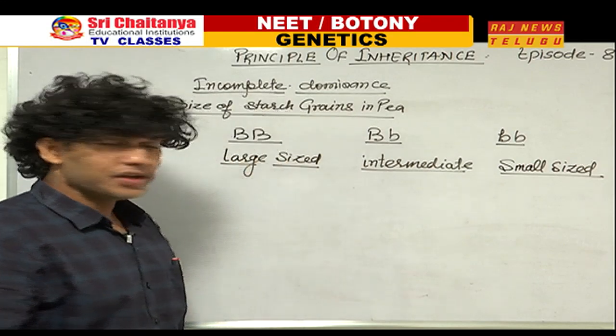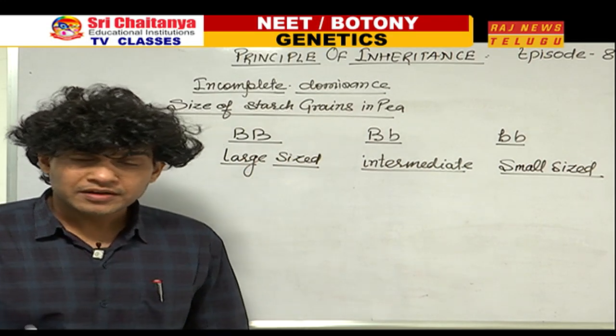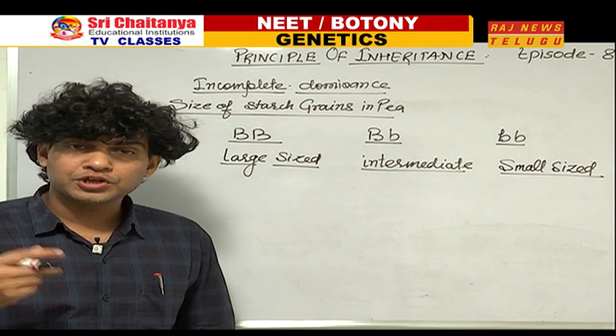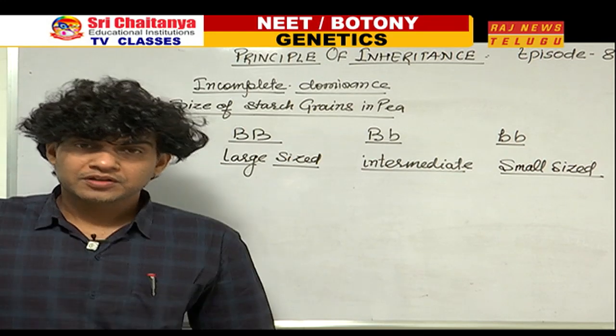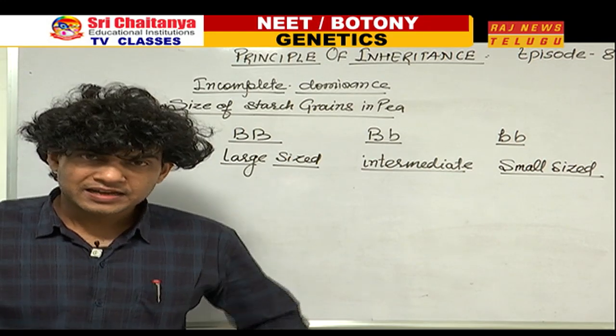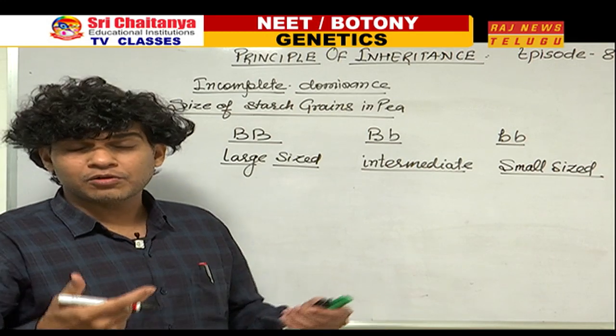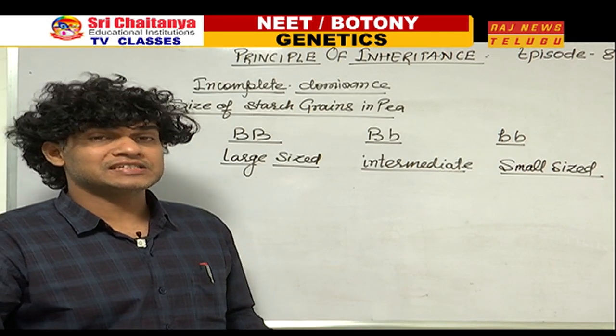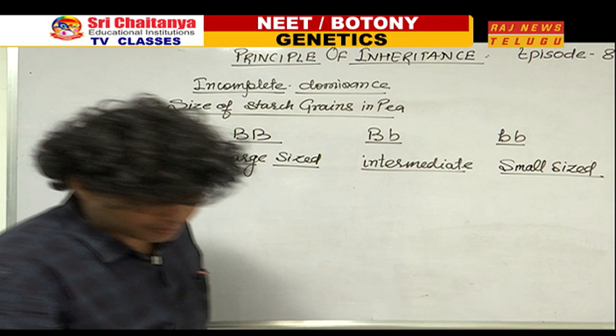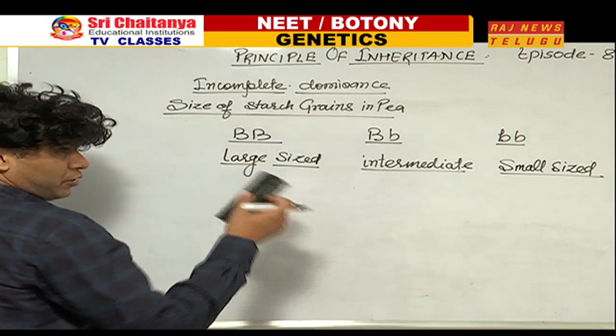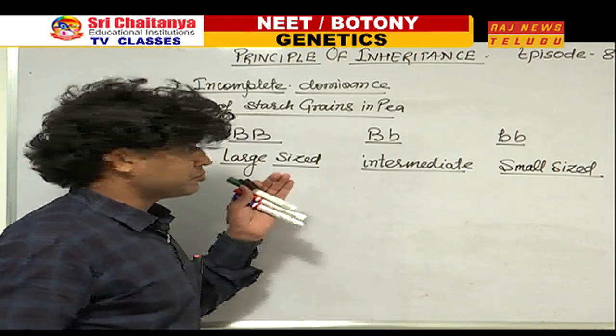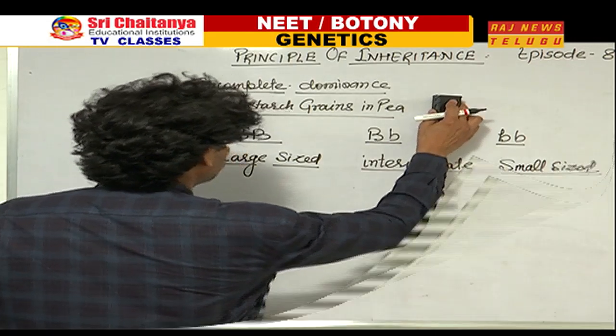It means here the character is not distinguished only in two forms, large and small, but large, intermediate and small. So here also an intermediate phenotype is arising. So this is also a case of incomplete dominance. I would like to elaborate one of the paragraphs of the NCERT which mentions this particular concept.